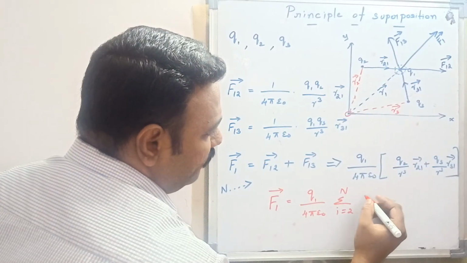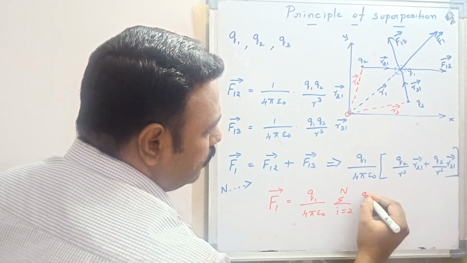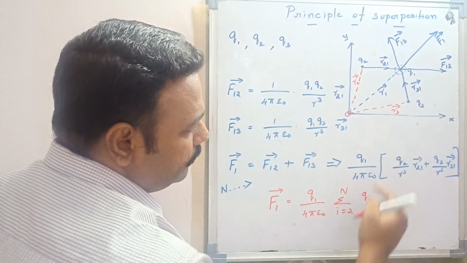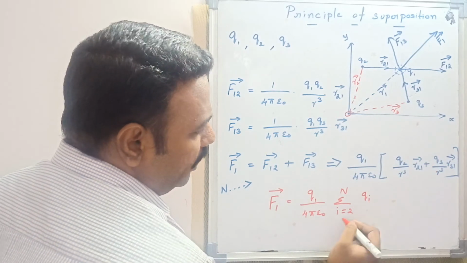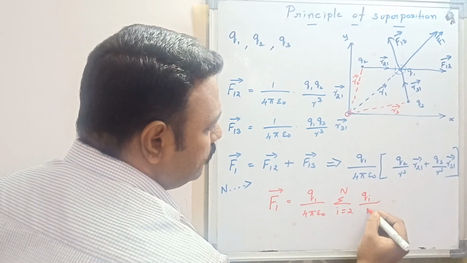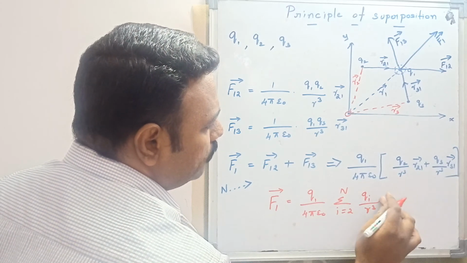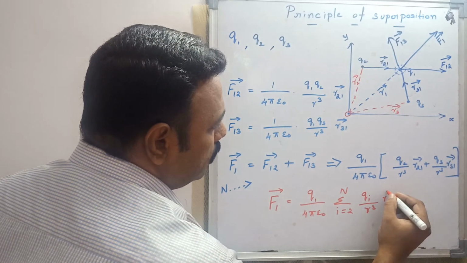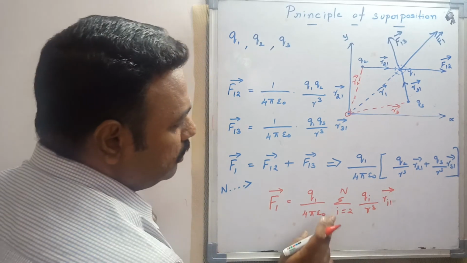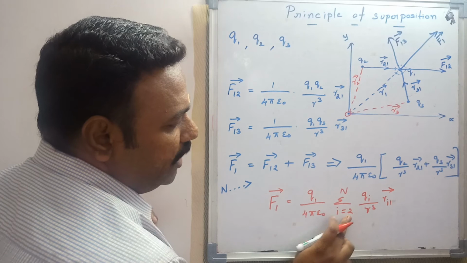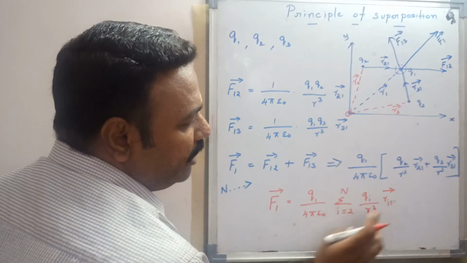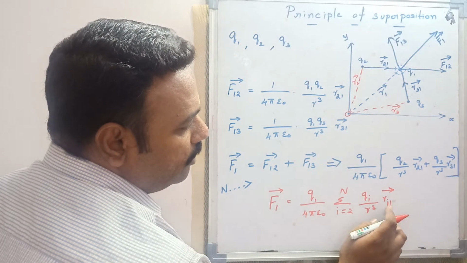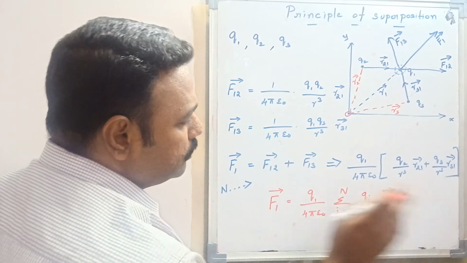So the summation of Qi by r cube Ri1 vector. For the first case we substitute i equal to 2, that is Q2 and R21 vector. Same way if you put 3, then Q3 by r cube of R31. So it goes on up to n numbers.